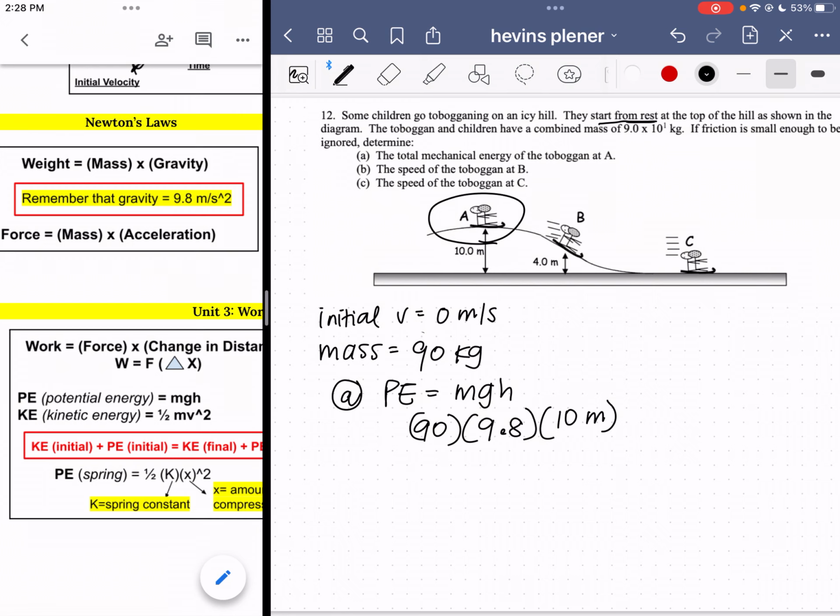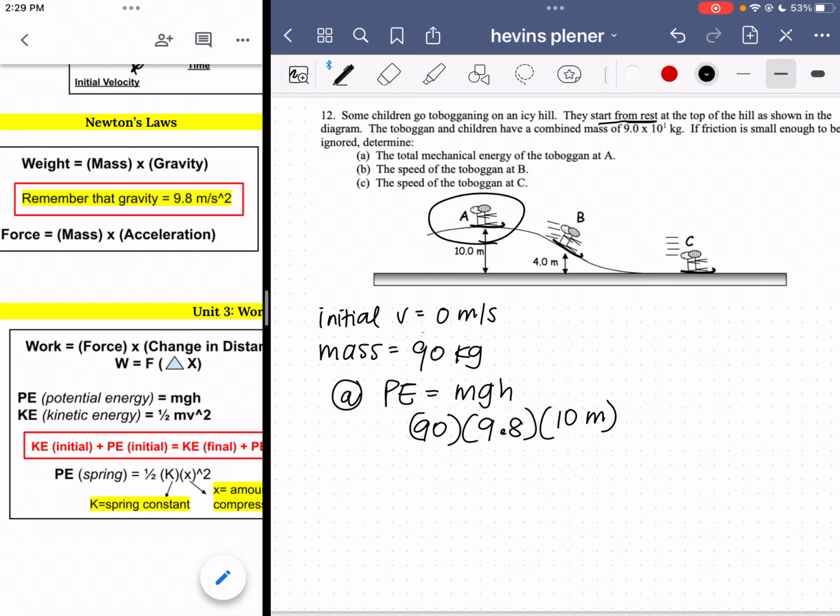Let me get my calculator. My phone's gonna die. Let me plug it in. So 90 times 9.8 times 10.